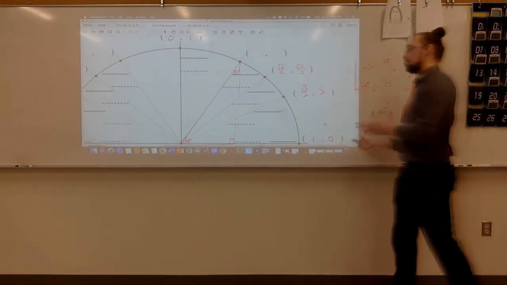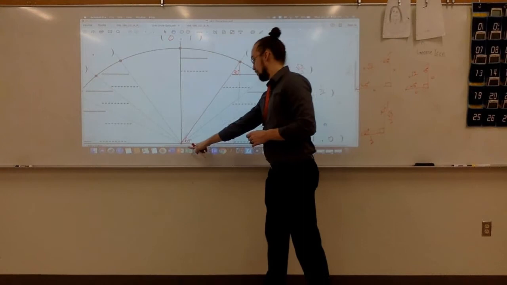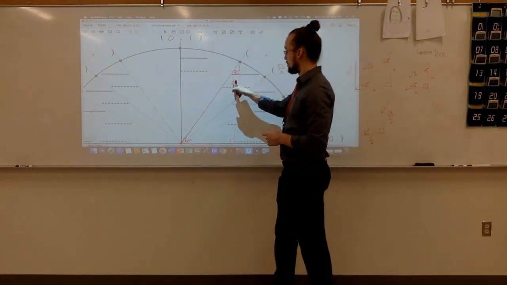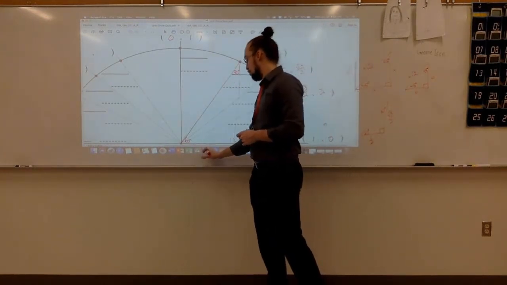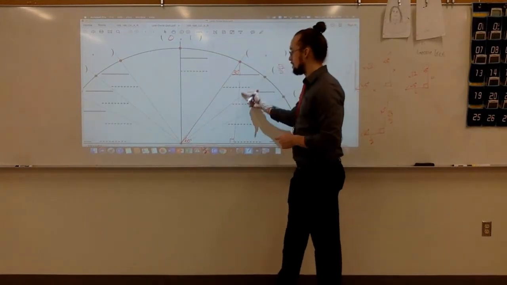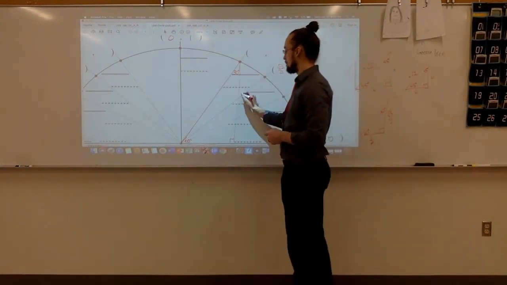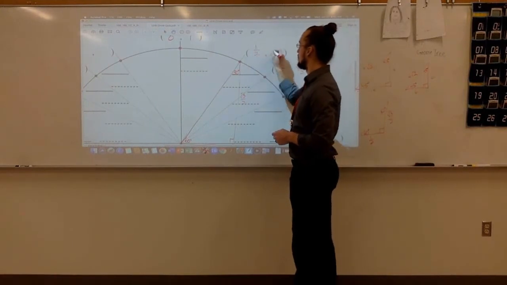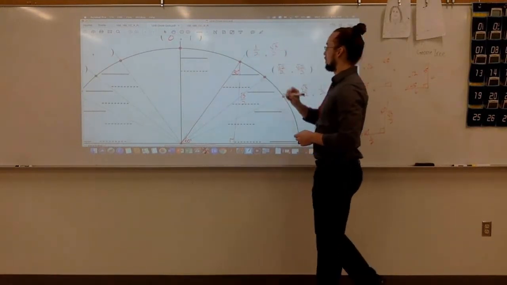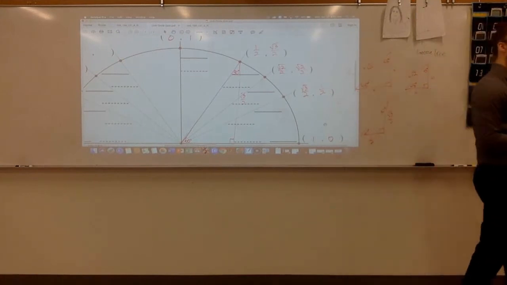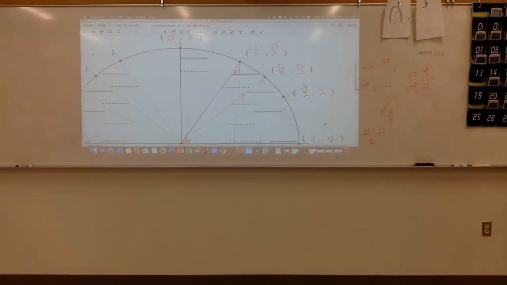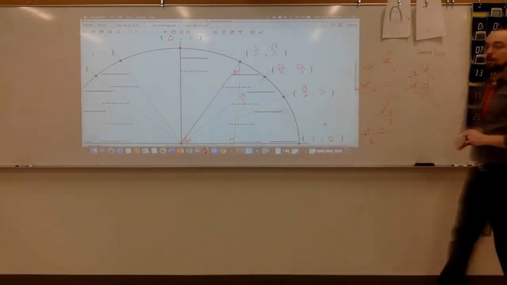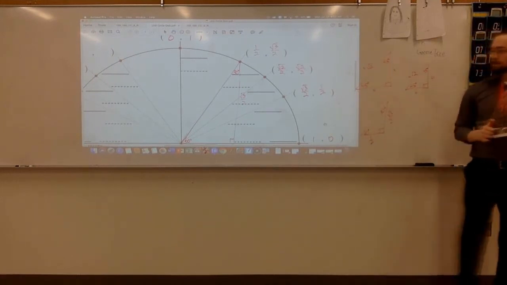So now this distance, the side opposite 30, is now 1/2. And this distance, the side opposite 60, is the square root of 3 over 2. So my coordinates then would be 1/2 for the x distance and square root of 3 over 2 for the y distance.